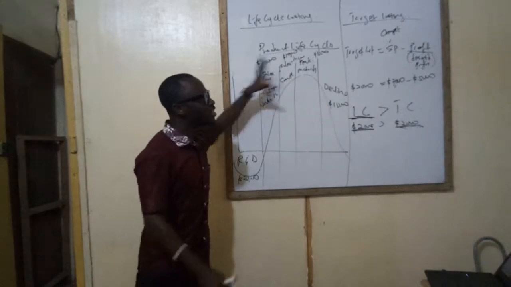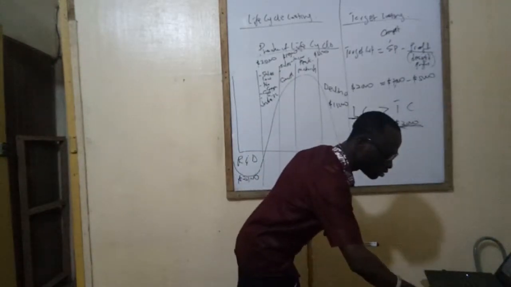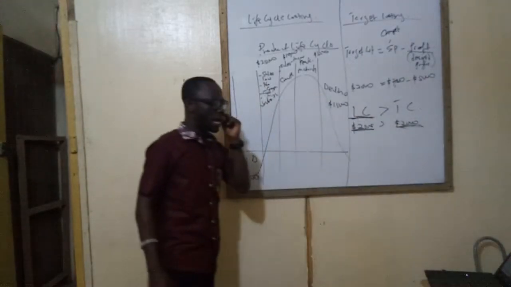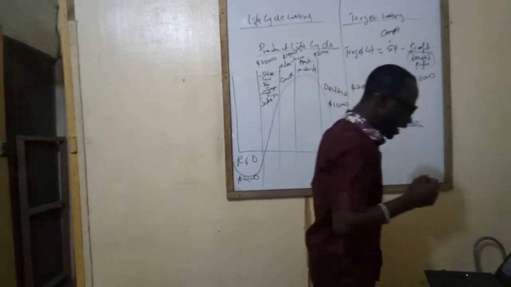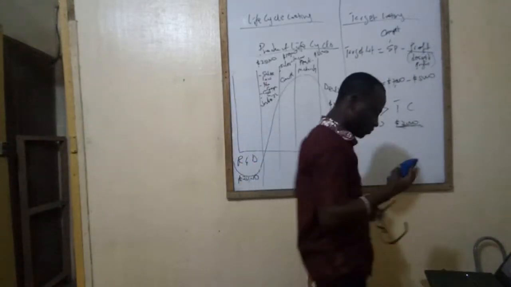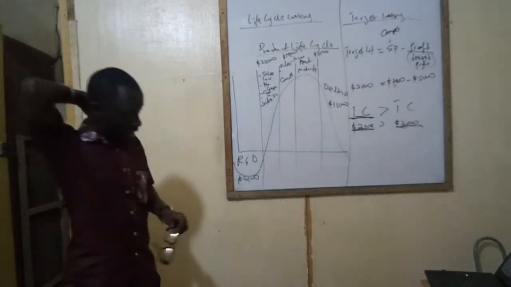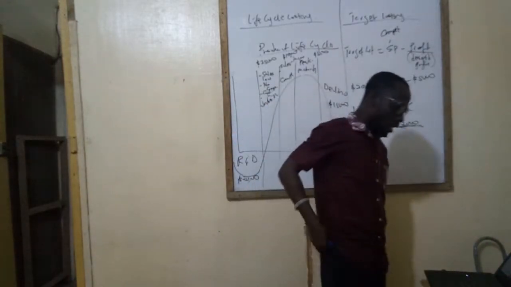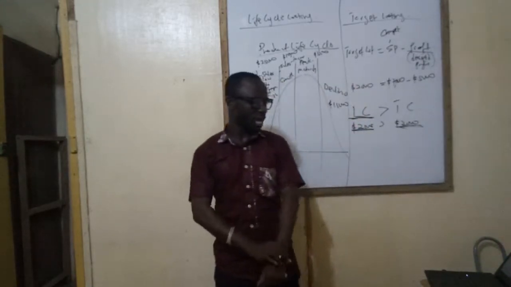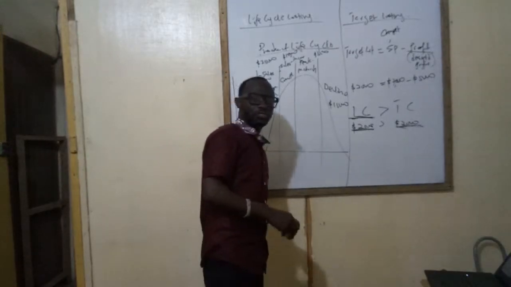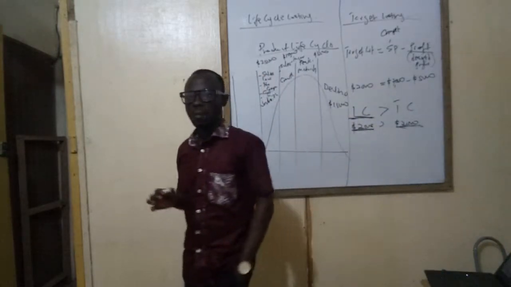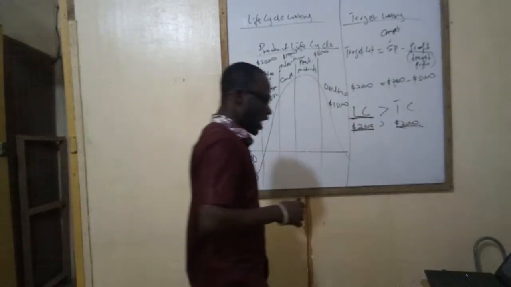Right. So let's see how these two come into play with an illustration. So let's look at a simple illustration here. Put it down. A company is planning a new product. Market research suggests that the product would last for 5 years.